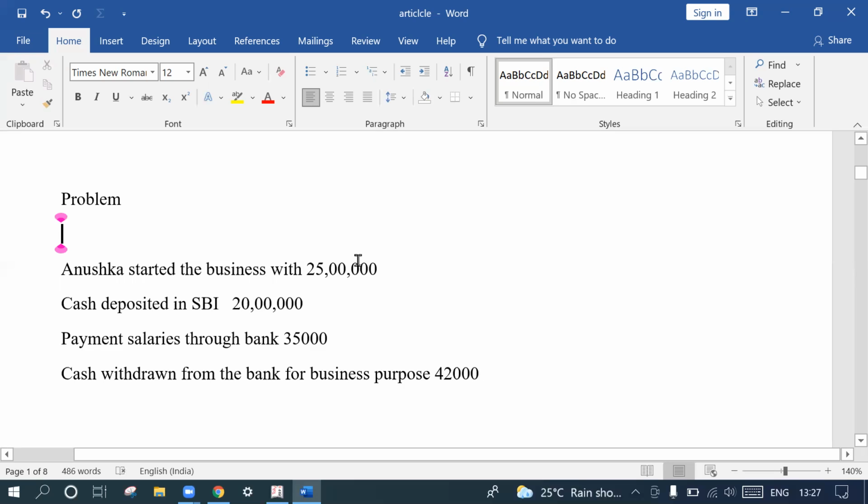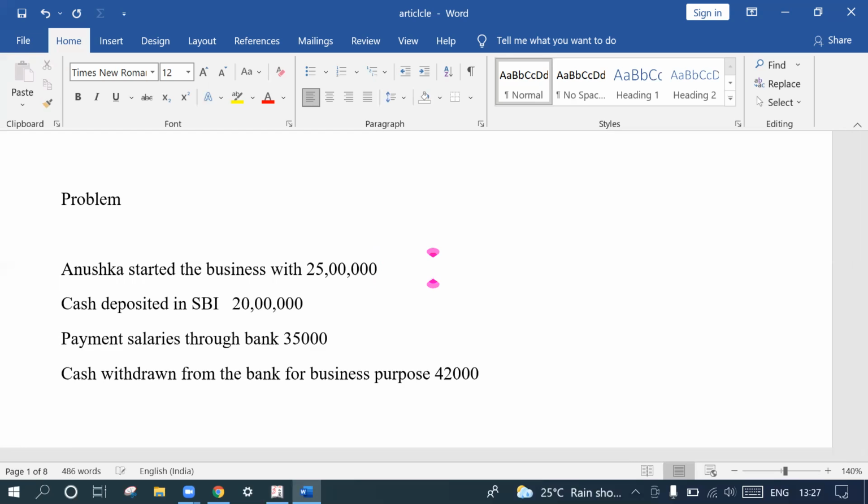So the first step is creation of the company, Anushka and Company Limited. After that, creation of the ledgers. Anushka is the owner of the business, so she is bringing the capital into the firm.